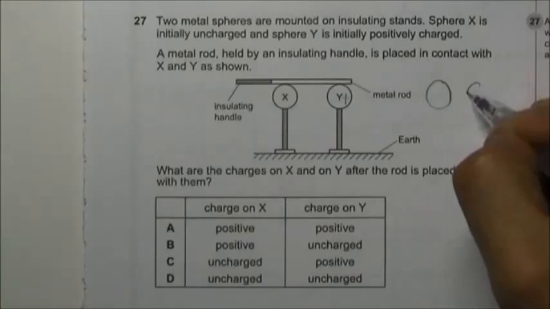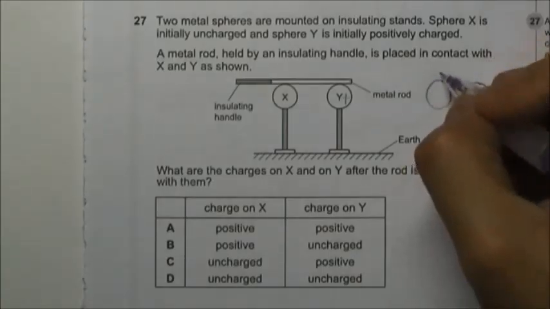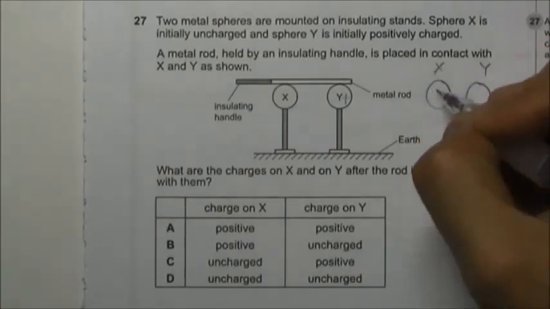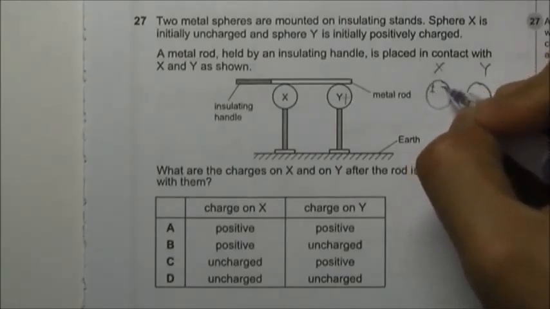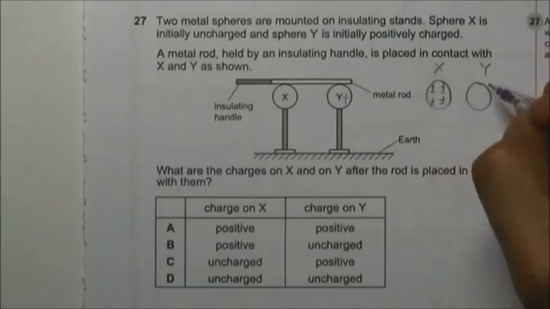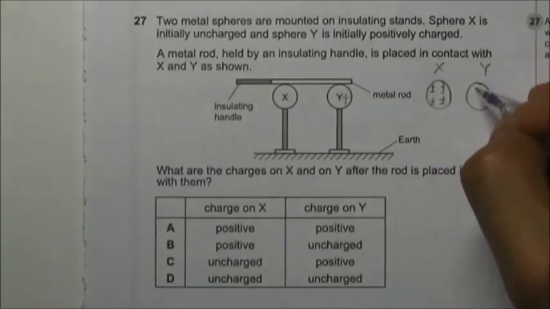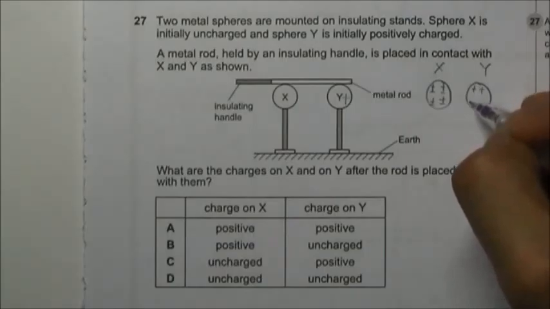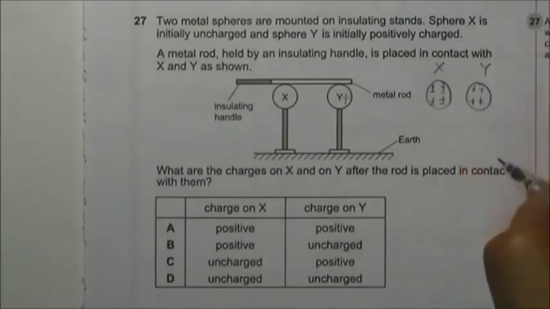Let's say initially X is neutral, so we draw 4 pairs of positive charge and electrons, and Y is positive, so let's say we have 4 positive charges on it.